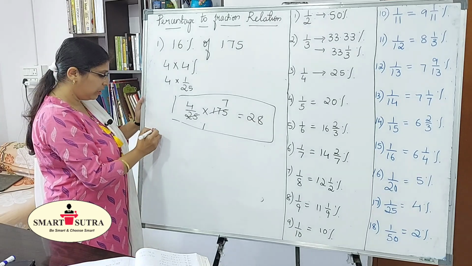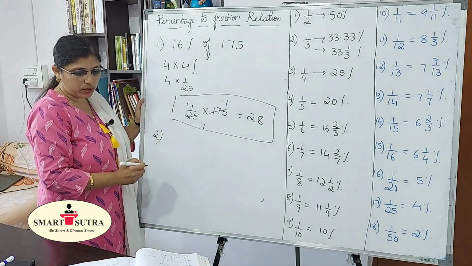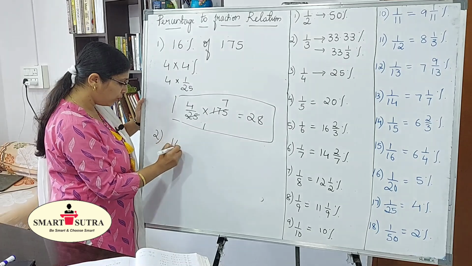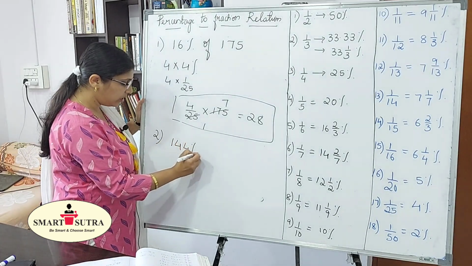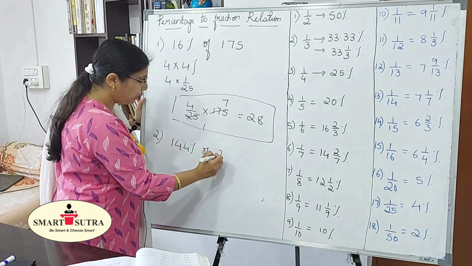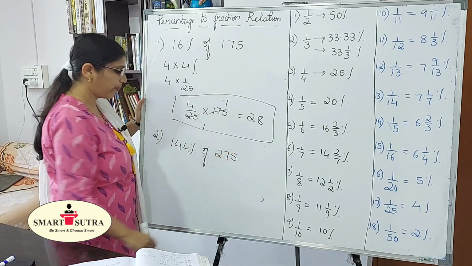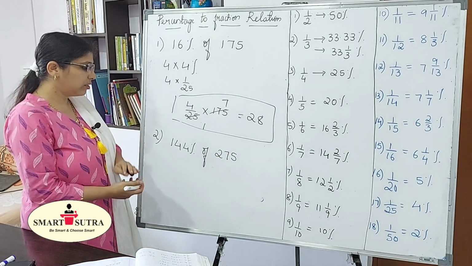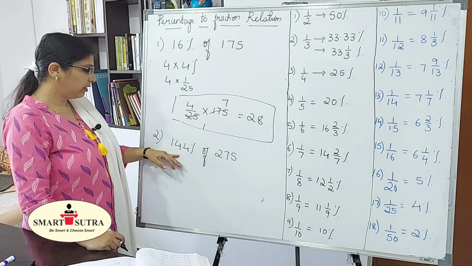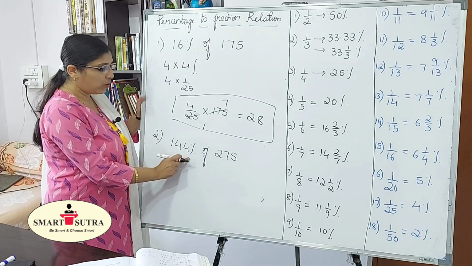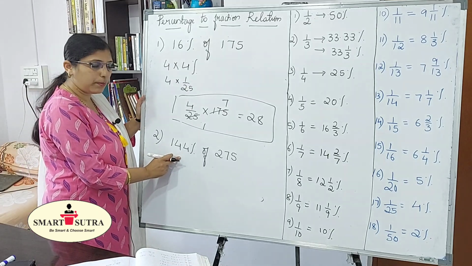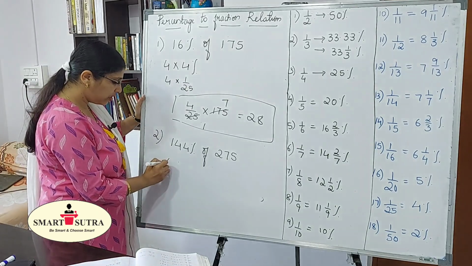We'll take the next problem. So 144% of 275. This looks pretty complex. Next, we can see 144 is also a multiple of 4. Isn't it?